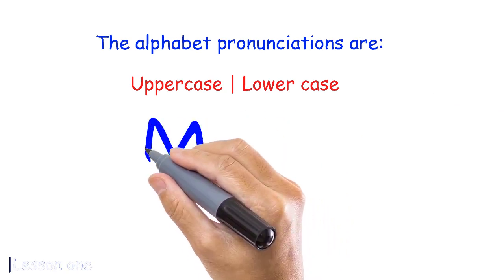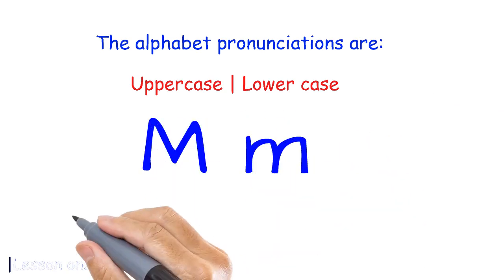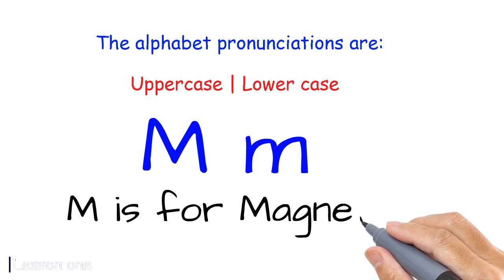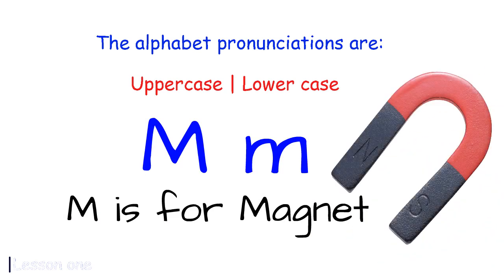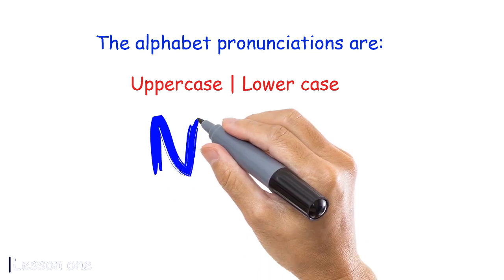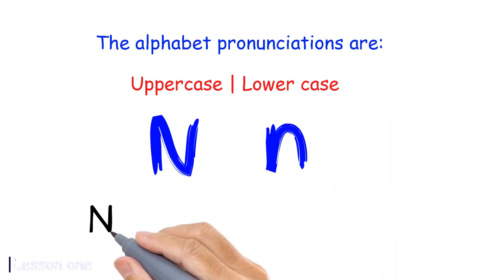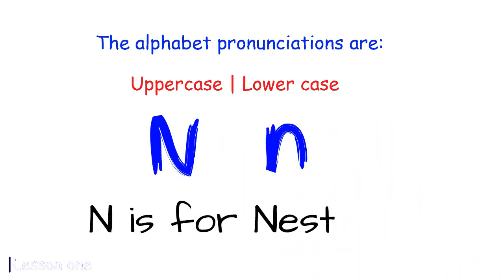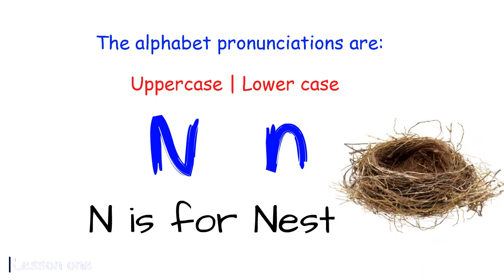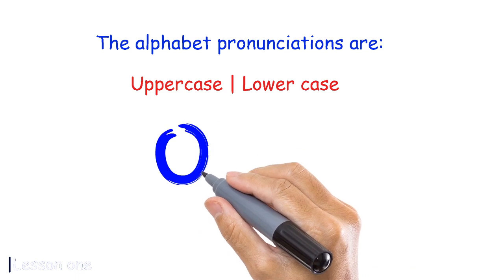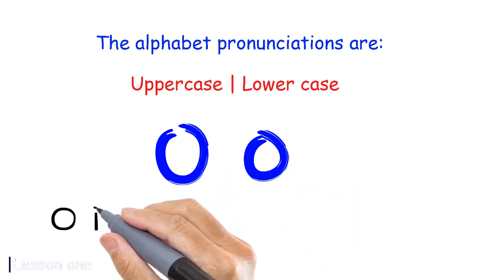M is for magnet. N is for nest. O is for orange.